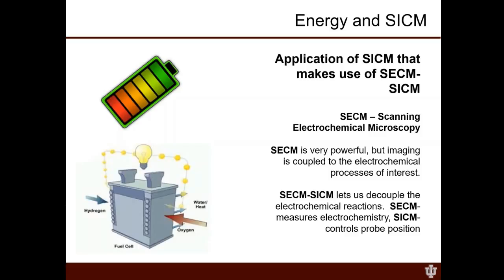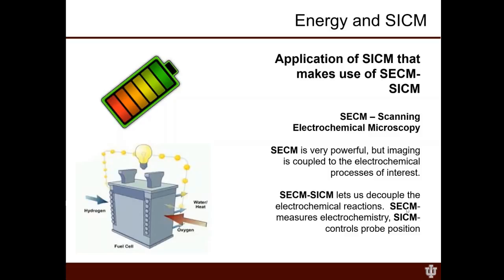So what we really need is an auxiliary or secondary signal, and that's what SICM provides. It lets us decouple the electrochemical measurements or the reactions that are really of interest in these energy applications from essentially controlling the probe position at nanometer scales.